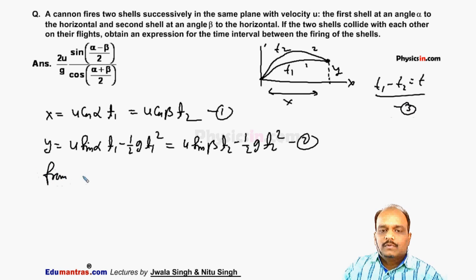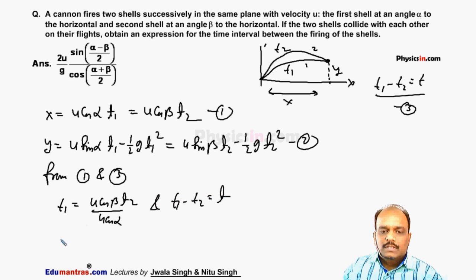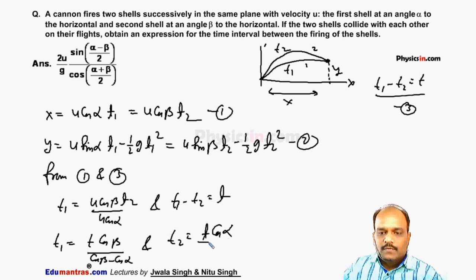From the first and third, we get t1 is equal to u cos beta into t2 divided by u cos alpha, and t1 minus t2 is equal to t, which says that t1 is equal to t cos beta divided by cos beta minus cos alpha, and t2 is equal to t cos alpha divided by cos beta minus cos alpha.